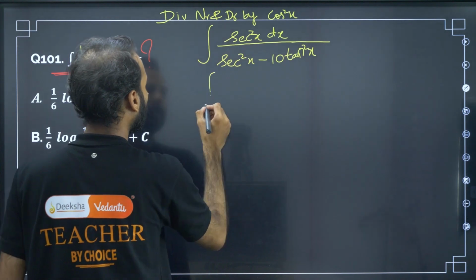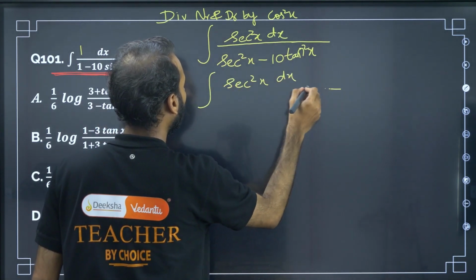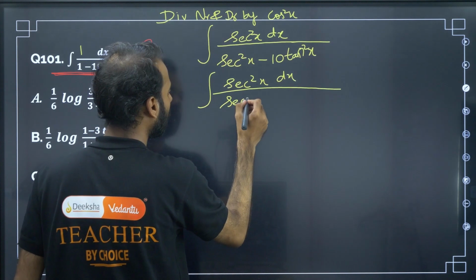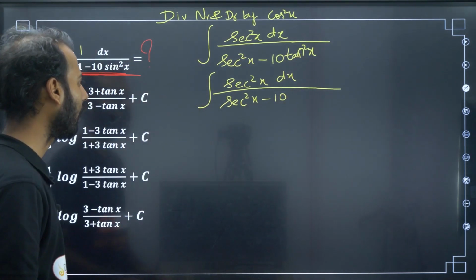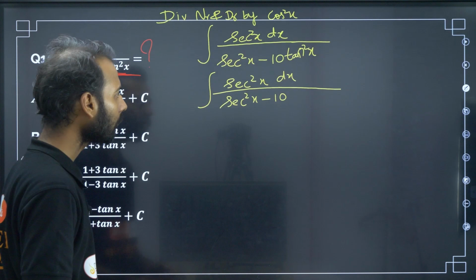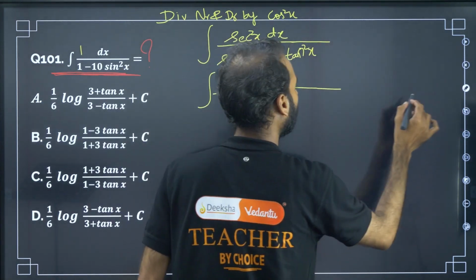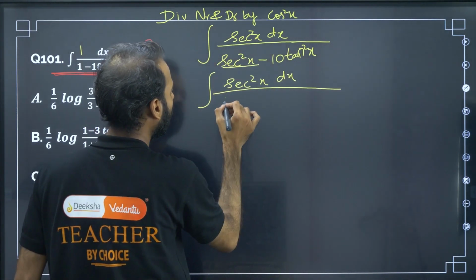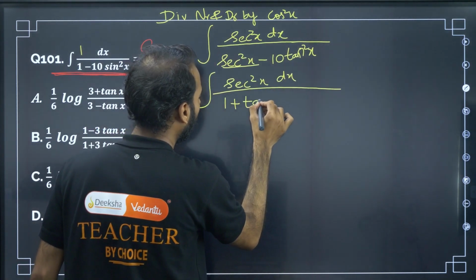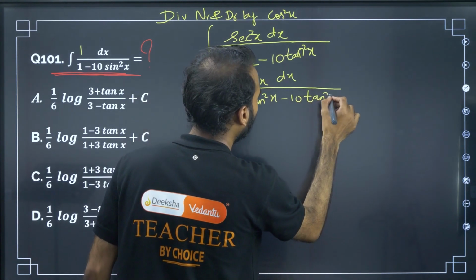Next, integration of secant square x dx by secant square x minus 10 tan square x. Let me remove this. Secant square x, I will write as 1 plus tan square x, minus 10 tan square x.